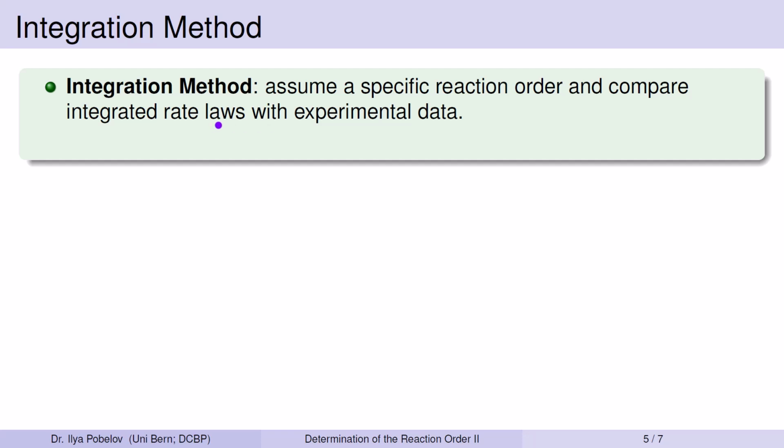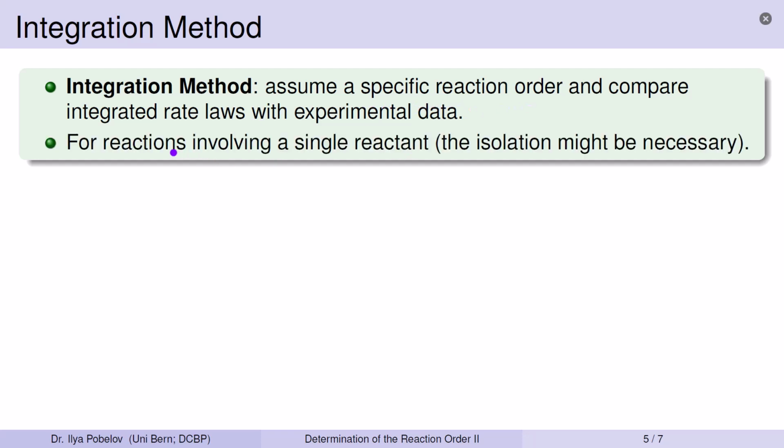The model's predictions are then compared with experimental data to verify if the assumed reaction order accurately describes the reaction kinetics. This method is generally suitable for reactions involving a single reactant, and the isolation method might be necessary to simplify multi-reactant systems.